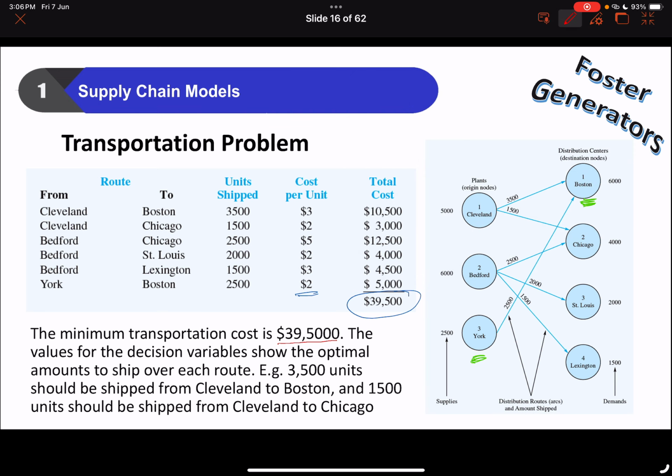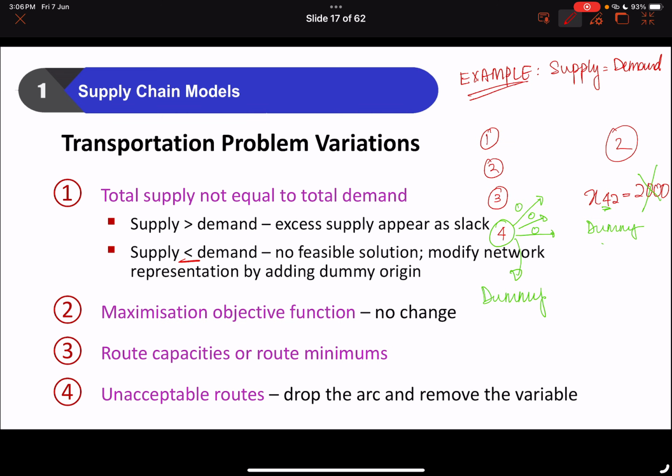So in your linear programming model, you have to add a constraint that X31 must be less than or equal to 1,000. If the problem tells you that there is a limit to transportation on a particular route, then you will need to write that as one of your constraints.